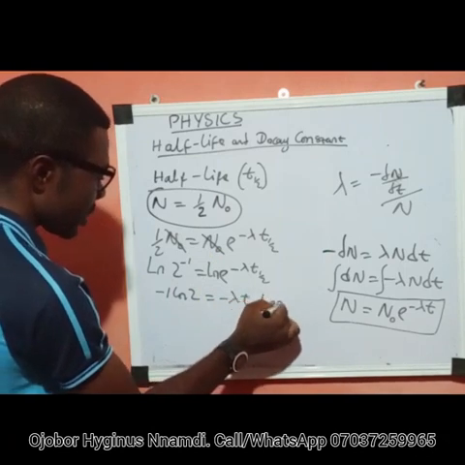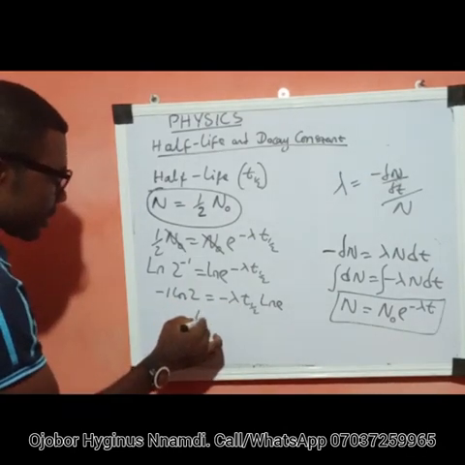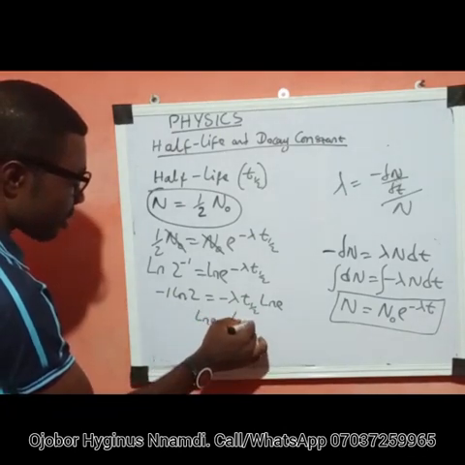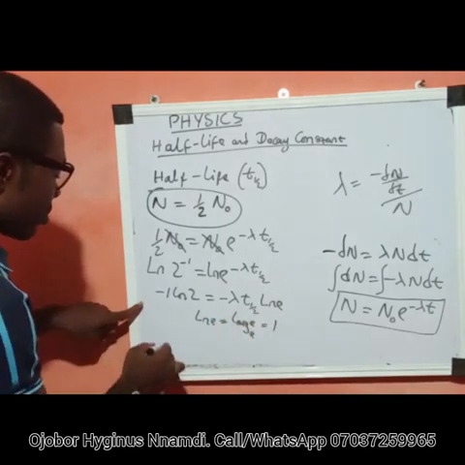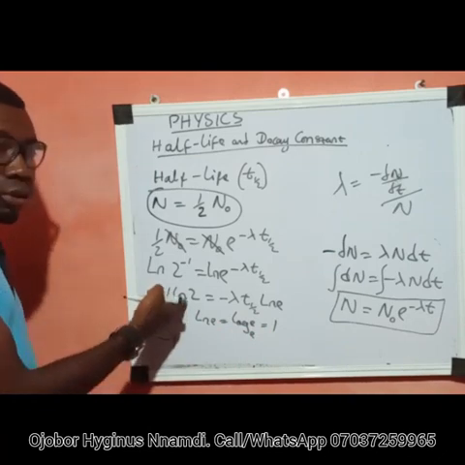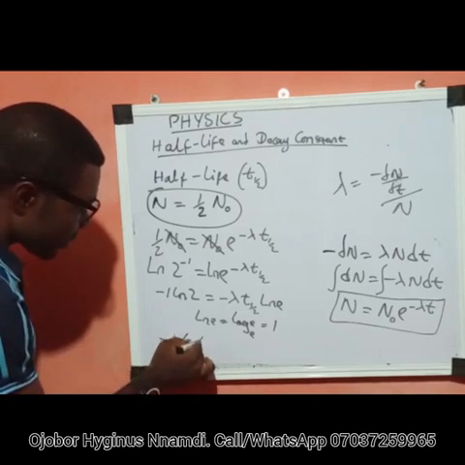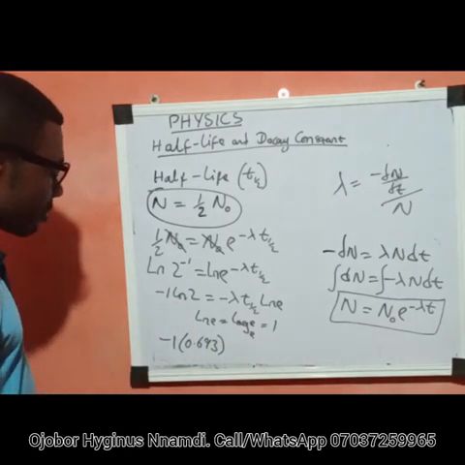ln e. And we know that this ln e is the same thing as log to base e. Ln is log to base e, that is log e base e, which is 1. So we have minus 1. If you punch your calculator to get ln 2, you will have 0.693 as the natural logarithm of 2.